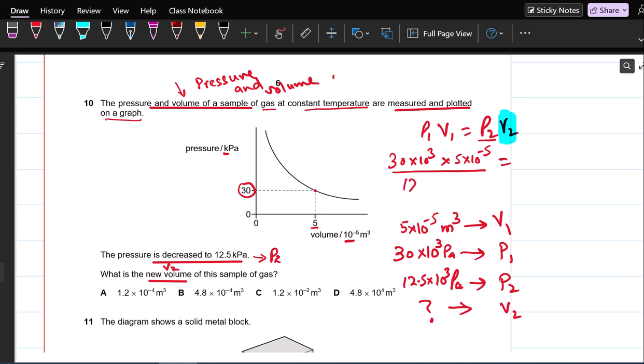It will be 12.5 times 10 power 3, P2. If you solve this in your calculator, you will be getting A option. So hope this is clear.